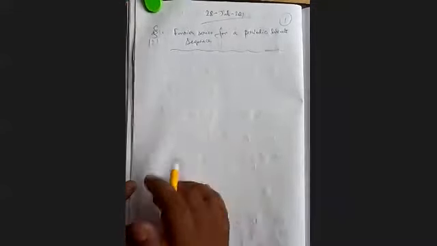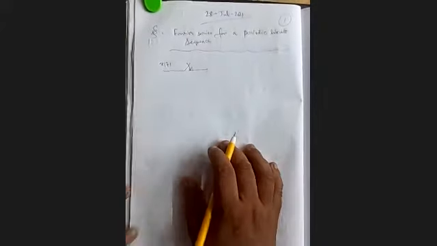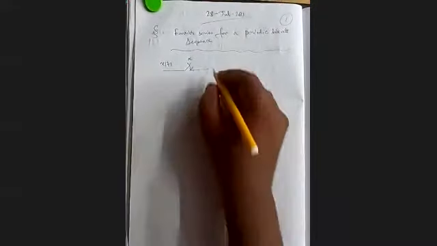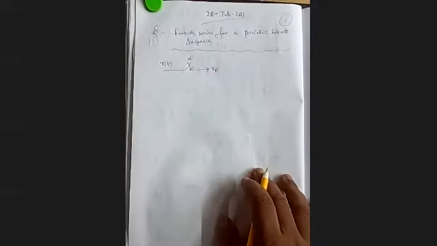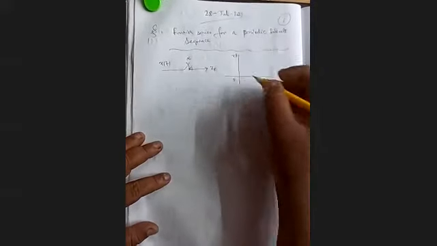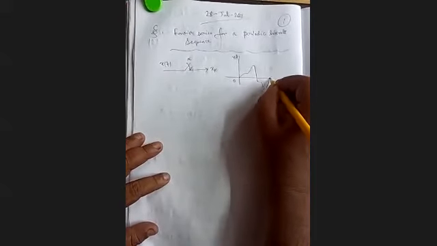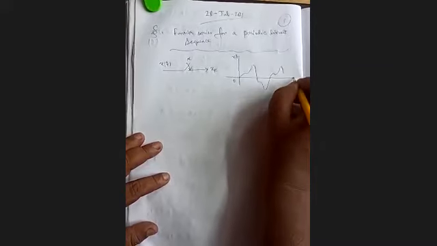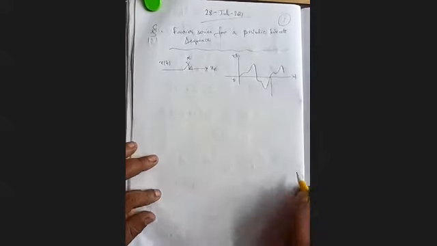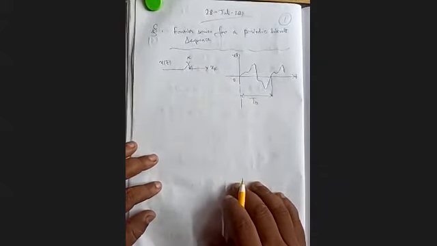Now, first we consider one continuous time signal or analog signal, which is sampled at an interval of tau. So we get xk. Pictorially, if our xt is a periodic signal, something like this, its time period is t0.